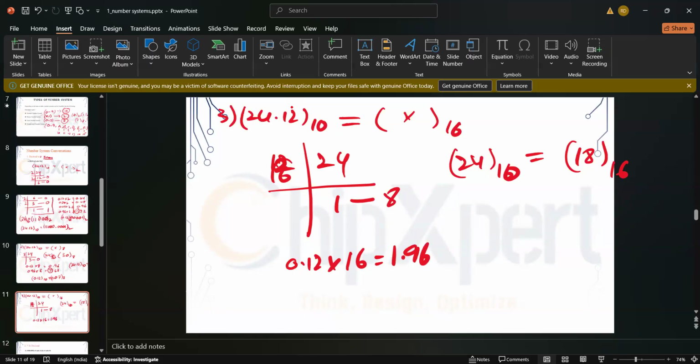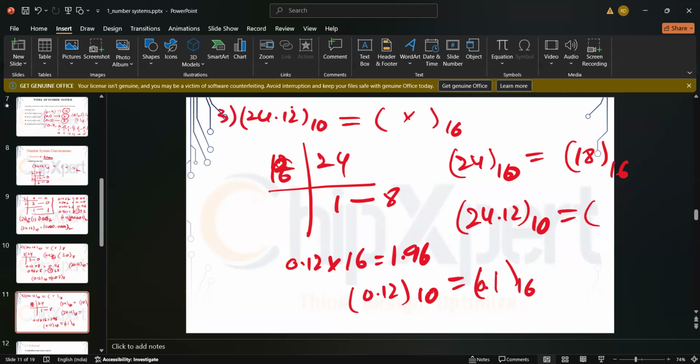Just I got the value 1, so that I can end up here. 0.12 of decimal number, the representation in hexadecimal number is 0.1 of 16. That means 24.12 of decimal number representation in hexadecimal format is 18.1 of radix 16. So like this we are going to convert my decimal number to any other form.